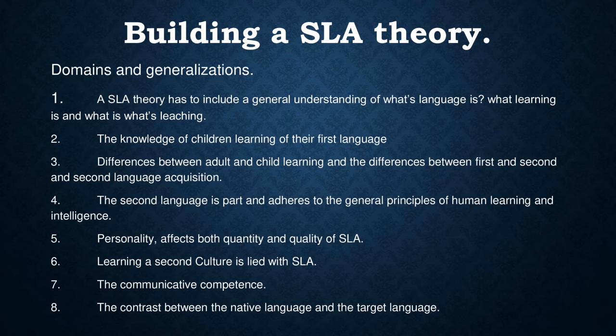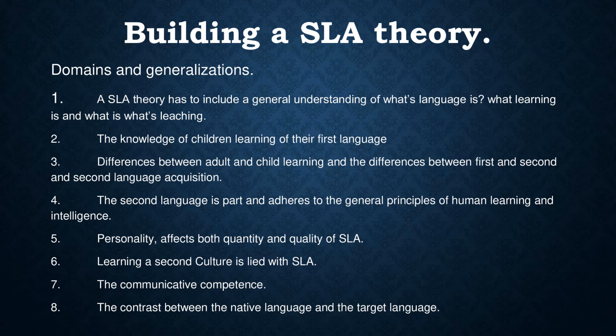The learning of a second language is part of the general principle of human learning and intelligence, and is adhered to them. The personality affects the quantity and quality of the learning of a second language, because of the way in which people view themselves and reveal themselves in the communication of the second language acquisition.